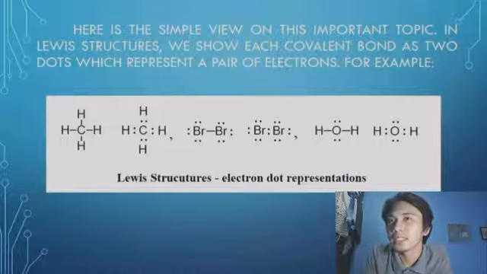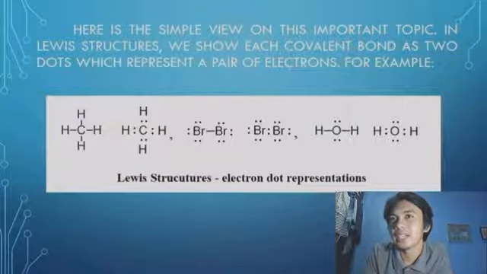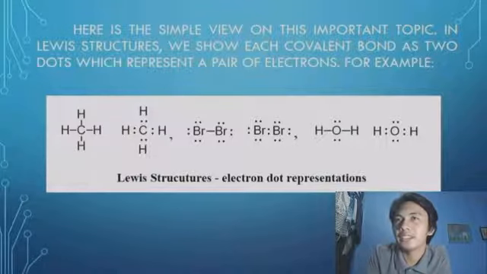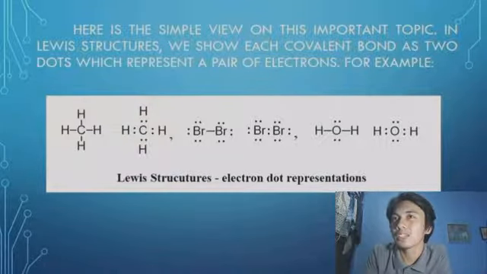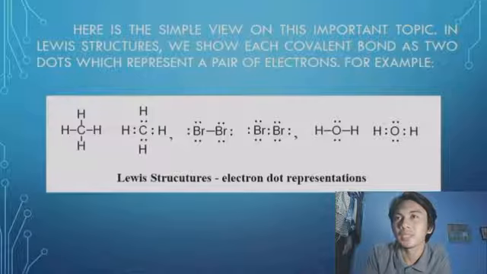In the third example, we are seeing the oxygen bonded to the hydrogen, and on the other side the oxygen bonded with the hydrogen. The oxygen has 6 valence electrons and it is bonded already.